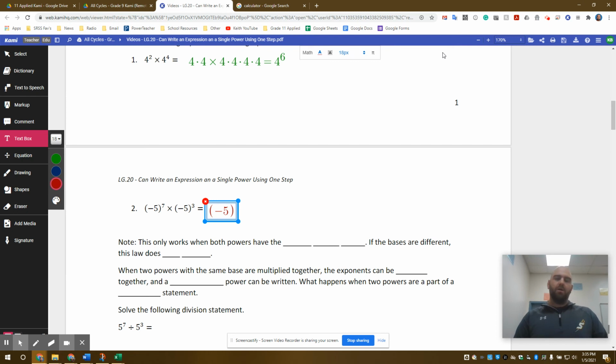We add our exponents together: we have 7 on the first one and 3 on the second one, so our final exponent is 10. So we can simplify this to -5 to the power of 10. And again, if we were to solve for -5 to the power of 7, and also solve for -5 to the power of 3 and multiply them together, we would get the same answer as -5 to the power of 10.